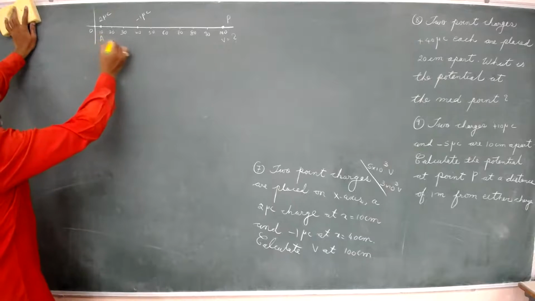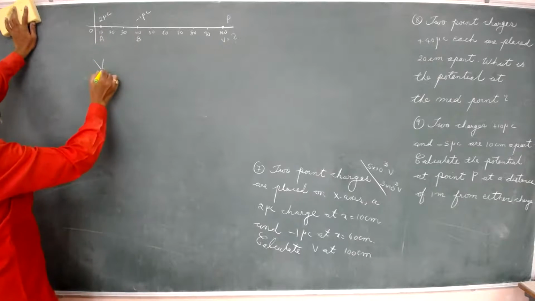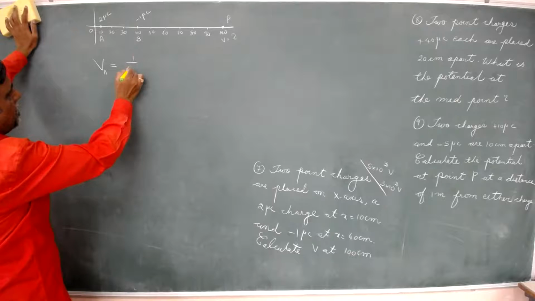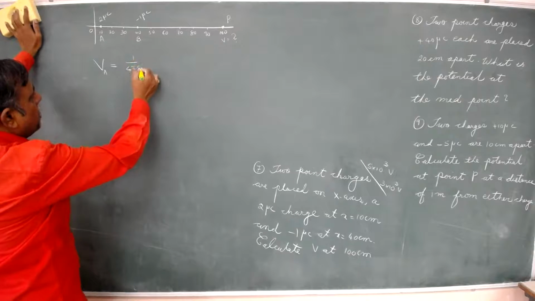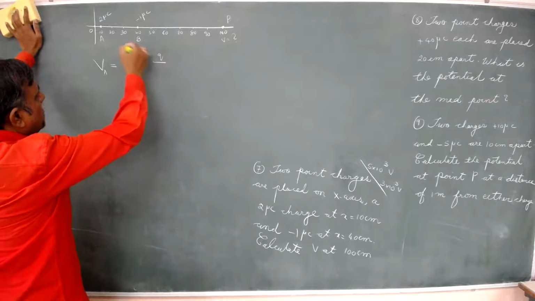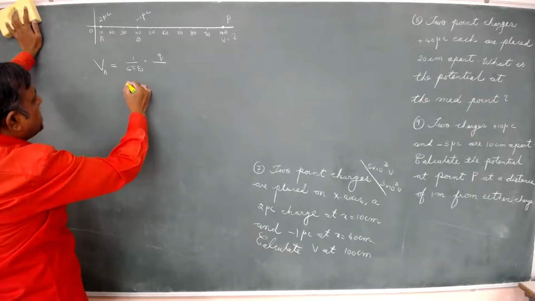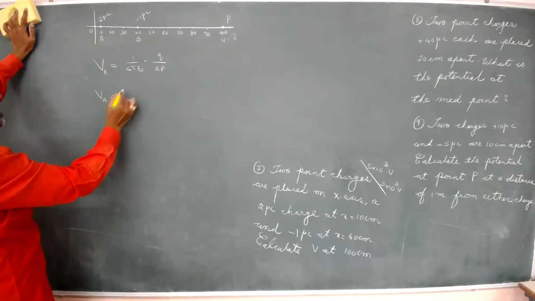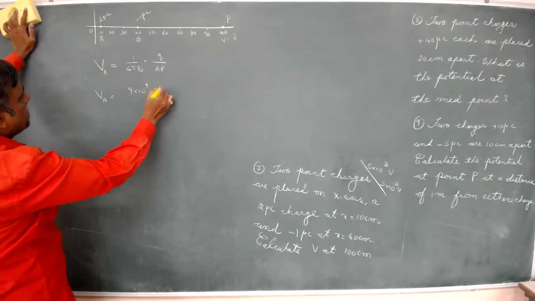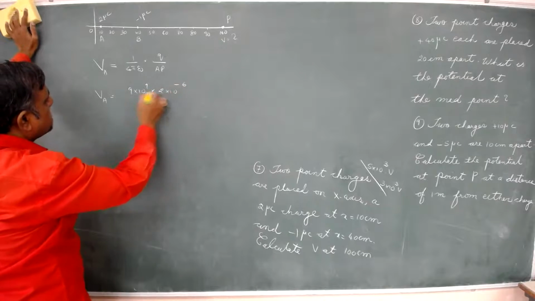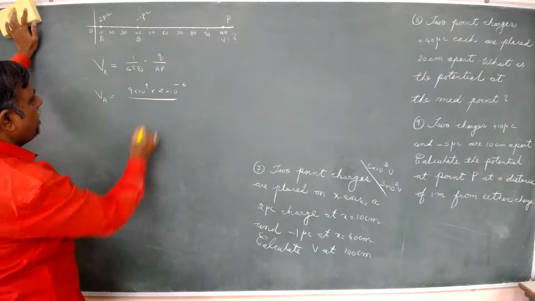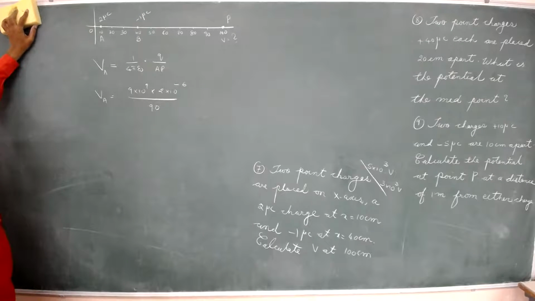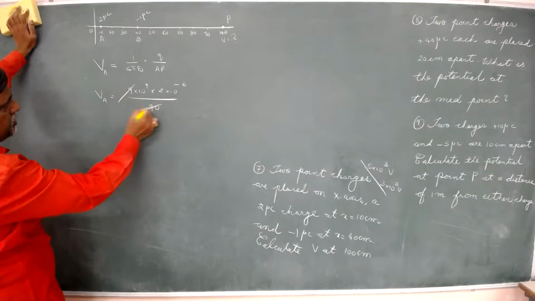This is A, this is B. So potential due to A is equal to 1 by 4 pi epsilon naught into charge Q, that is 2 microcoulomb, divided by the distance between A and P. So potential due to A is equal to 9 into 10 power 9 into 2 into 10 power minus 6, divided by the distance between A and P: 100 minus 10, that is 90.